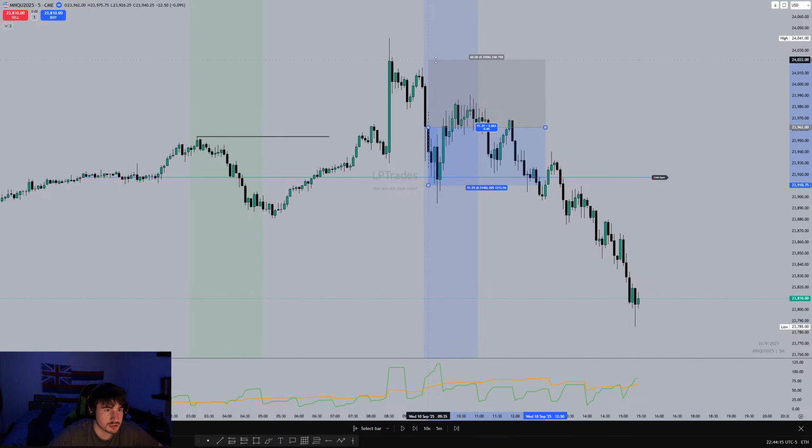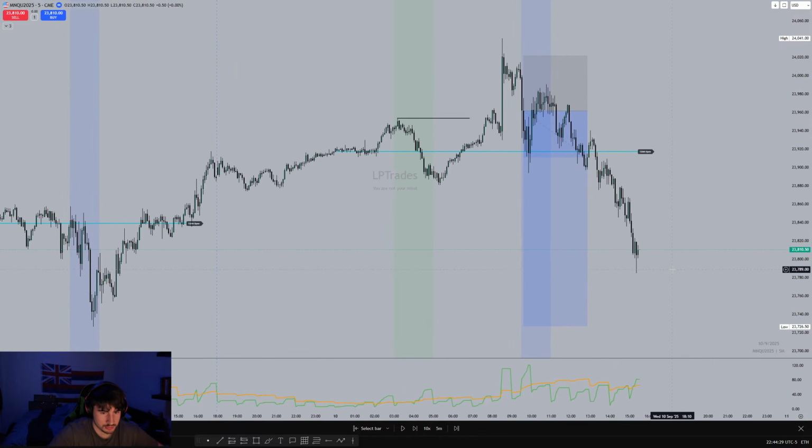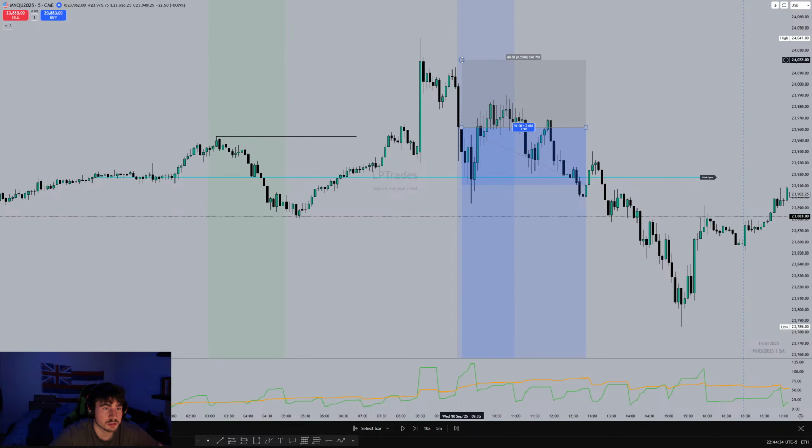The 60-point stop. And yeah, I might have to reduce the... That's just tough. No, okay, we're gonna use a smaller stop. Maybe like 40 points.